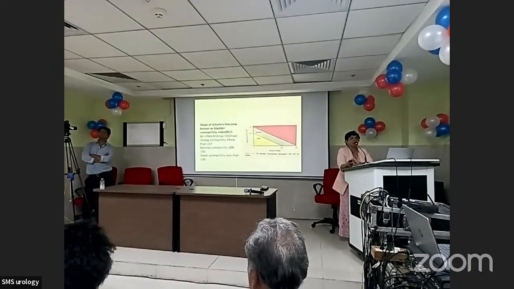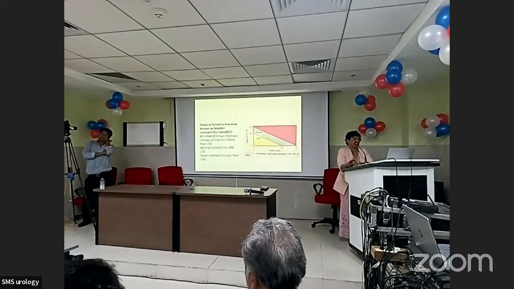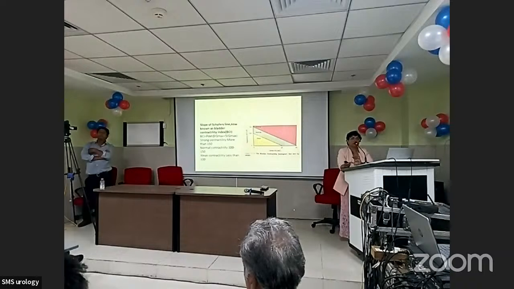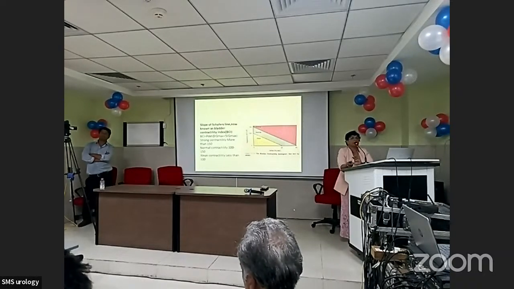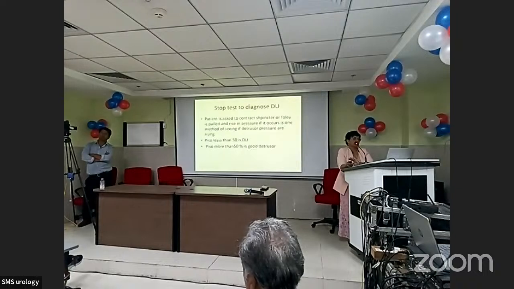It is calculated as P det at Q max plus 5 times Q max. Very simple, and you don't have to remember this equation because it automatically comes on your graph. So the normal contractility is 100 to 150. Weak contractility is less than 100 and more than 150 is strong.